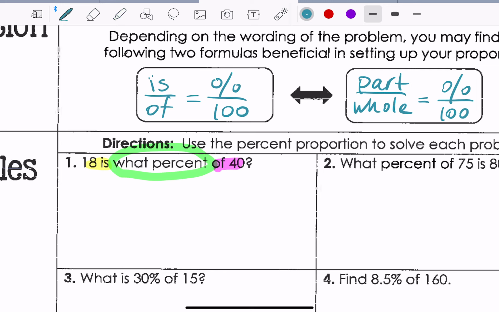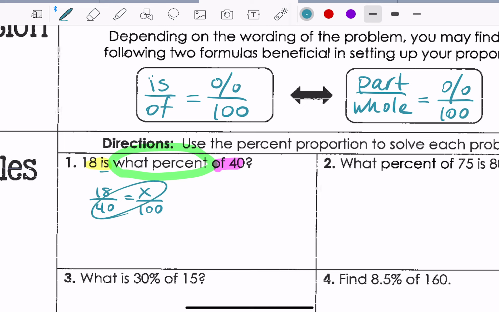So when we set this up, the is is 18 over the of is 40. We don't know the percent, so that's going to be the x. Whenever you see what or find or whatever, that's the x, and then over 100. You will always have 100 in these equations. That will always be there. It just depends, do you have the is, the of, or the percent to figure out the rest. So now you're just solving a proportion, which you all are good at.